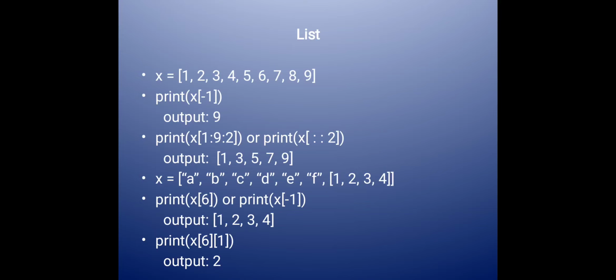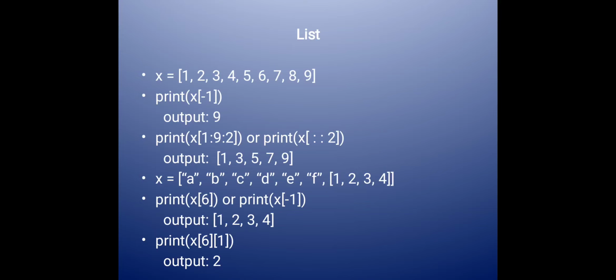It will start from the first and stop at the last. So in the first function the start and stop were 1, 9. Actually it's my mistake. My intention was to take it from 0. Okay, so it's not 1, it is 0. Print x of 0 colon 9 colon 2.